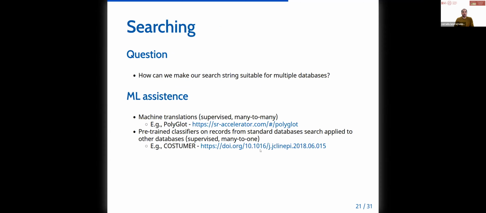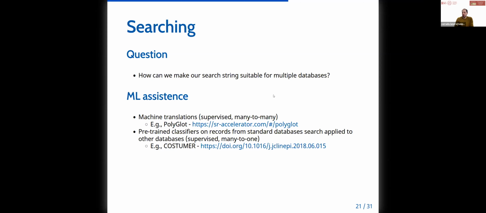Next, for the searching stage, as I said, you can use machine learning to translate the search string from one source to another source. But an even more interesting aspect is when you have to translate a search string to anything, because maybe you would like to investigate a source that cannot use a search string engine.